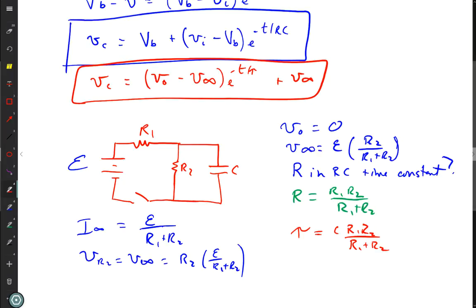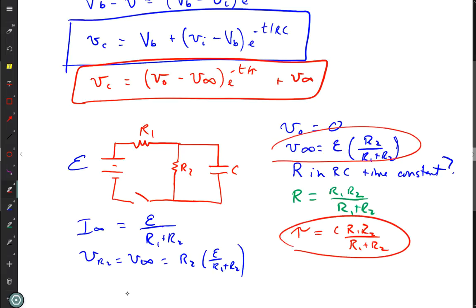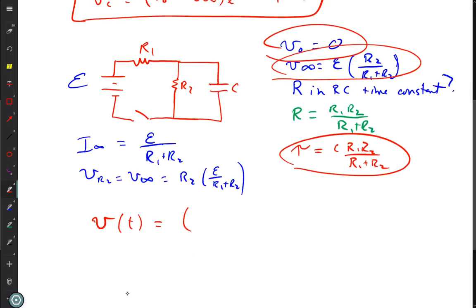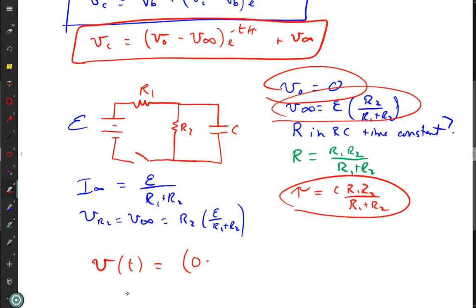And so now I have all of the values, this value, this value, and this value, to put into that equation. So I could say the voltage at any time is equal to the initial voltage, which is 0, minus the infinite voltage, e to the minus t over C R1 R2 over R1 plus R2.